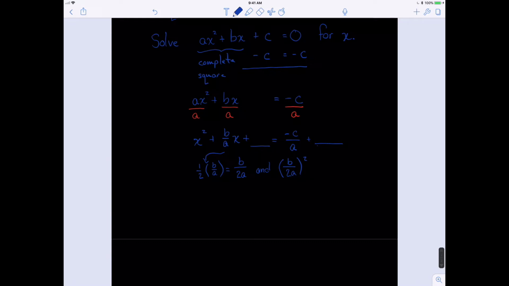So here we go. This gives x squared plus b over a x plus b squared over 4a squared equals negative c over a plus b squared over 4a.